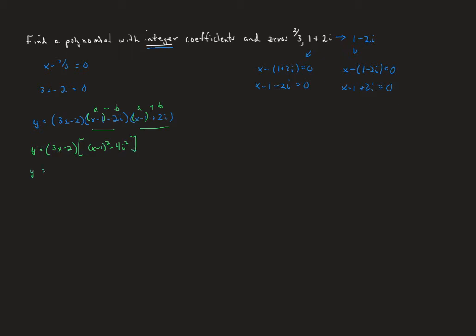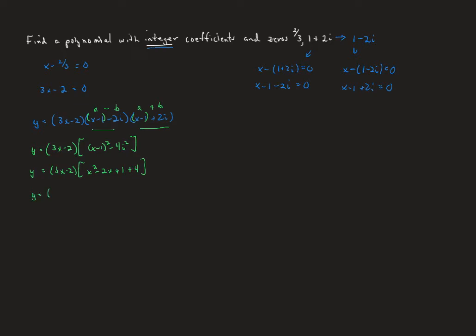So we're still going to hold off on the 3x minus 2, but now I'm going to square out the x minus 1: first one squared, twice the product, plus the second one squared. Minus 4i squared becomes plus 4 because i squared is negative 1.